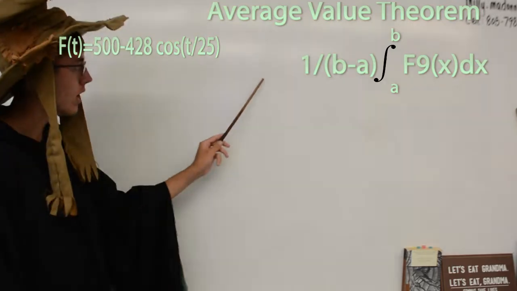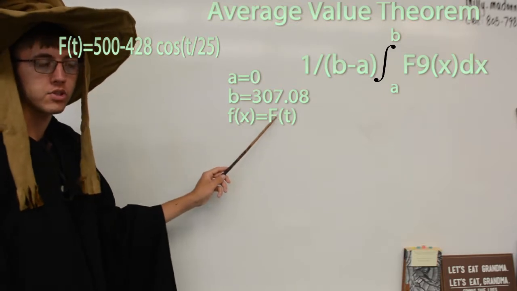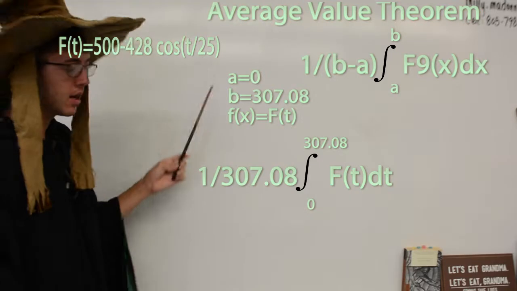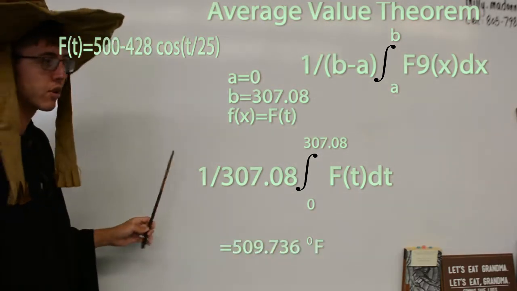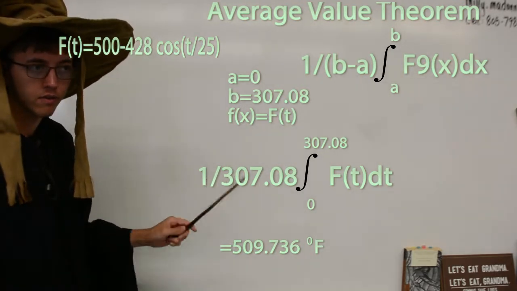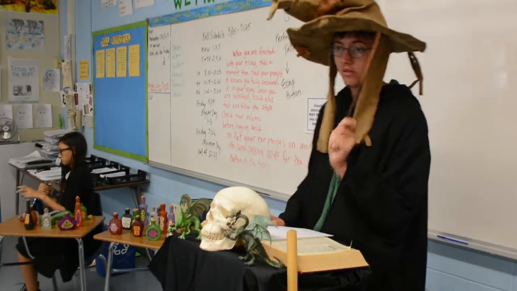We are given that our a is 0 and our b is 307.08 minutes, which is the entire brewing time. So we would plug those values into our calculator to find that the average temperature of the cauldron was 509.736 degrees Fahrenheit.